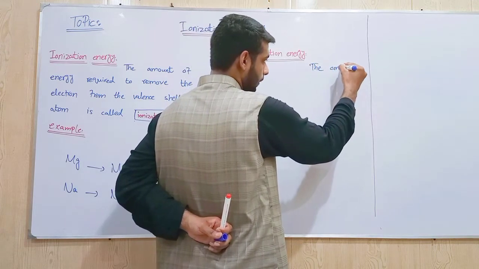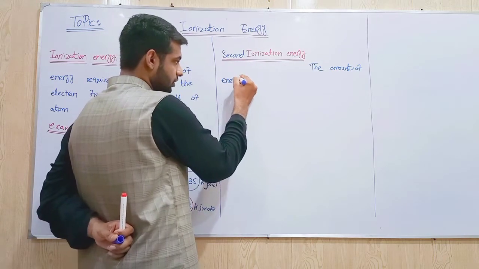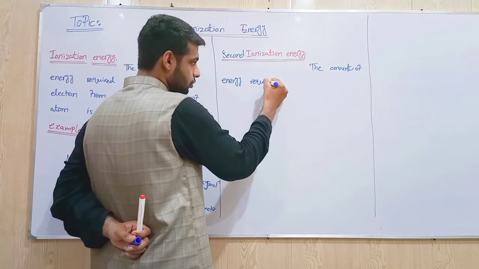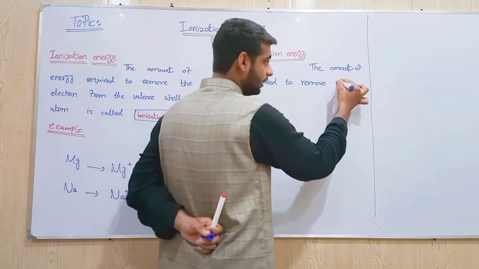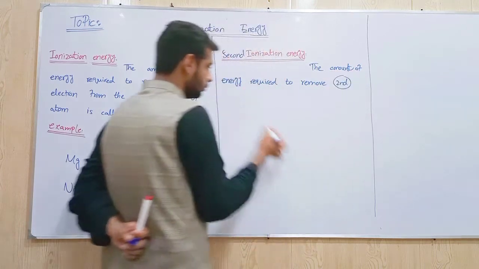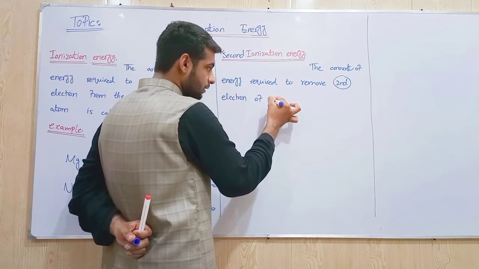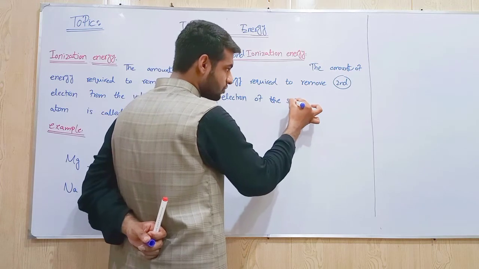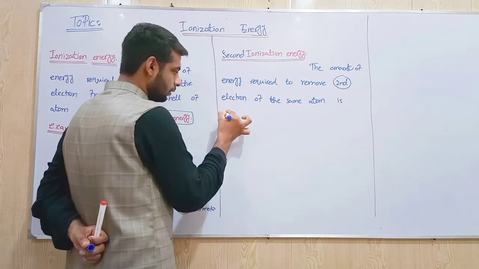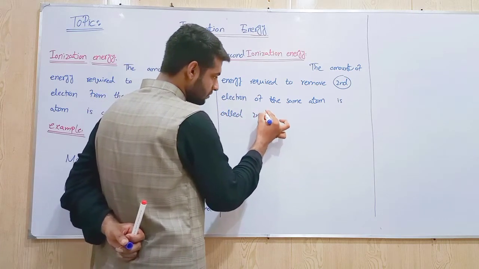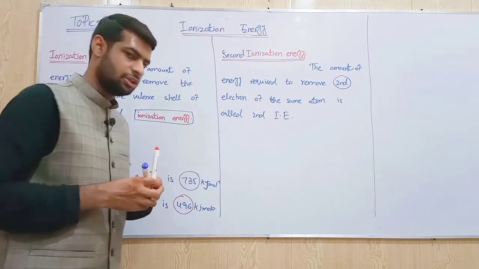The amount of energy required to remove the second electron of the same atom is called second ionization energy. I means ionization and E means energy.